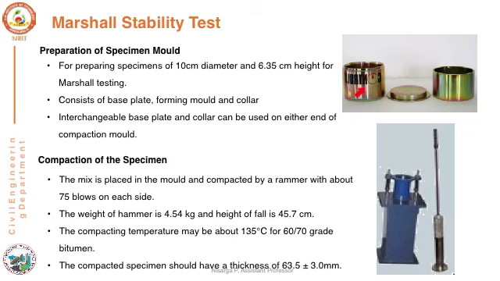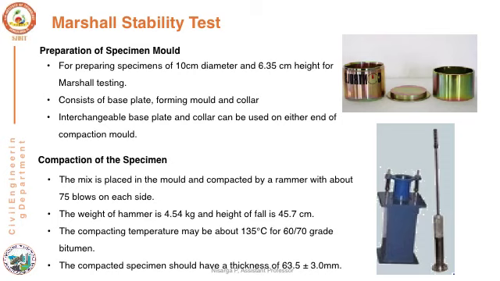It should consist of a base plate and a collar, so that any additional material will not be wasted during compaction. The base plate and collar are interchangeable because when we compact the Marshall specimen, the compaction has to be done on both sides.